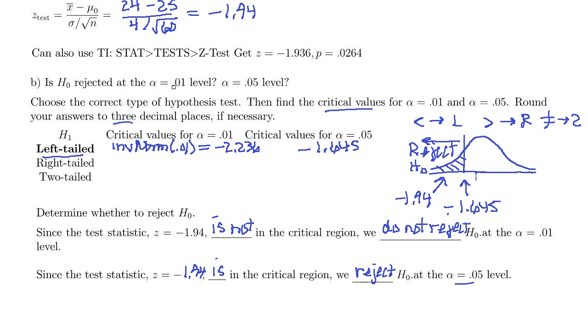Oh, and I just realized here I've got the 2 and the 3 switched. That should be 326, not 236. We still do not reject for alpha is 0.01. So it doesn't make a difference in the conclusion.